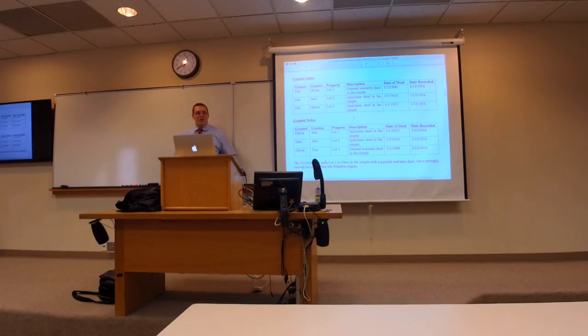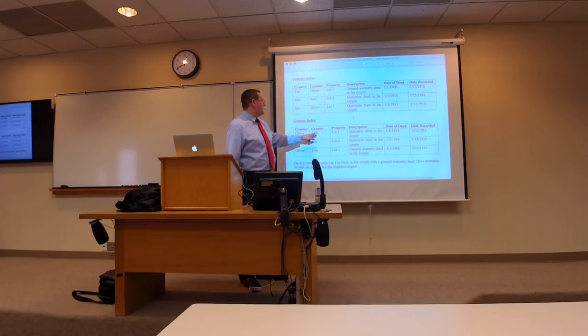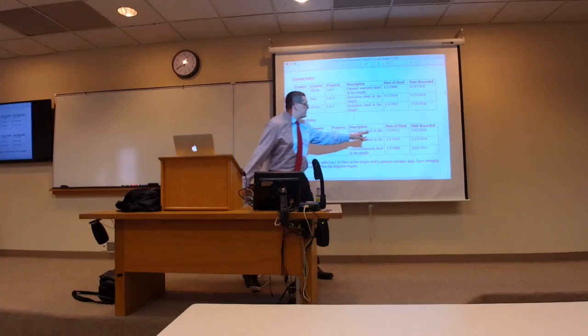We go to the grantor index. And the significance of the grantor index is the list begins with the seller, not the buyer. So we see here, basically it's reversed, right? Oliver sold the land, lot 1 to Abe with a quitclaim deed in 1913. That was recorded in 1916.